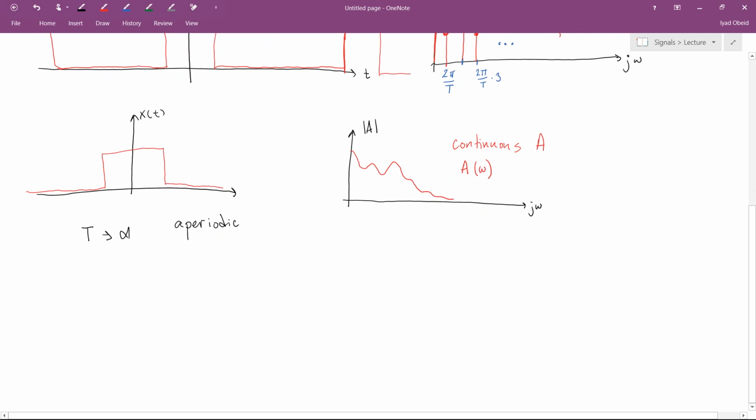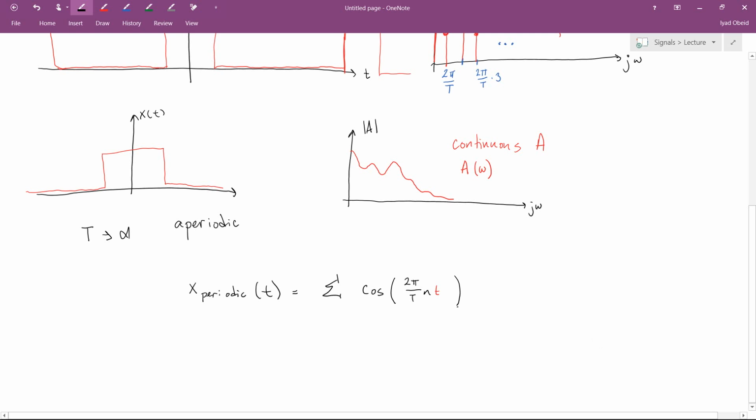So another way to think about this is that whereas before, when we were dealing with periodic signals, we could take a periodic signal and express it as a sum of cosines whose frequencies were 2 pi over t times n, and then it would have been times t.